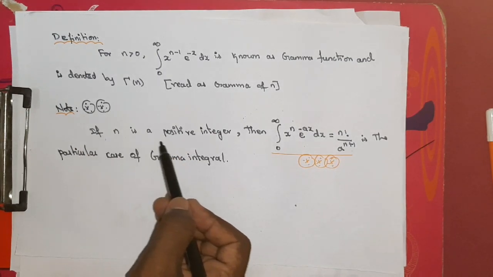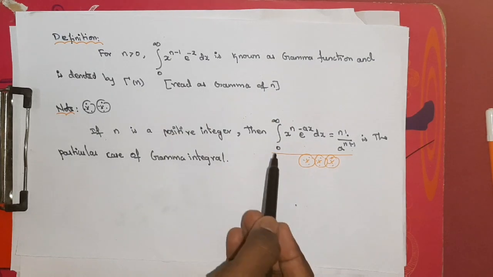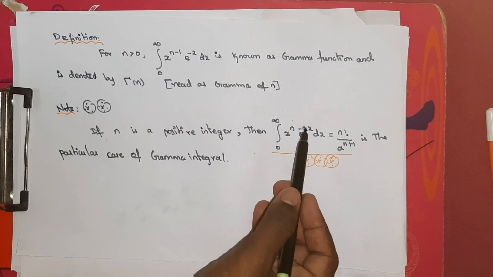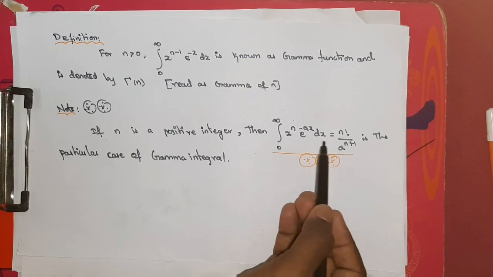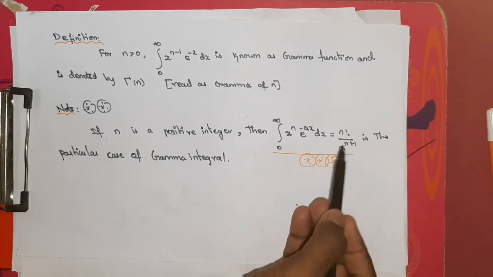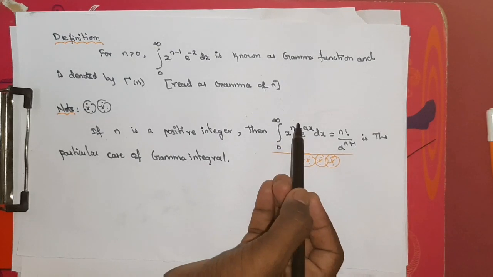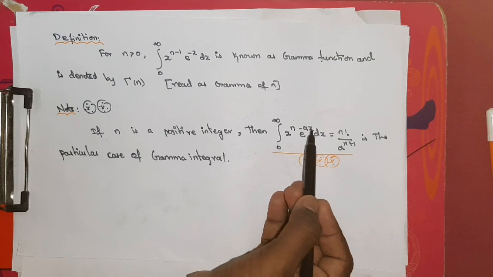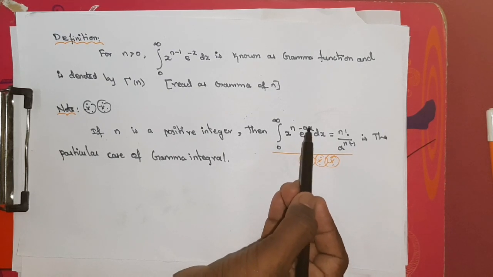Right. So now a note part. If n is a positive integer, then the same result can be reduced to this form: integral 0 to infinity x power n e power minus ax dx, and when it is solved you get n factorial by a power n plus 1. This n is taken from the power of x, and this a is the coefficient in the power of e, that is ax. Leave the minus and take a alone.